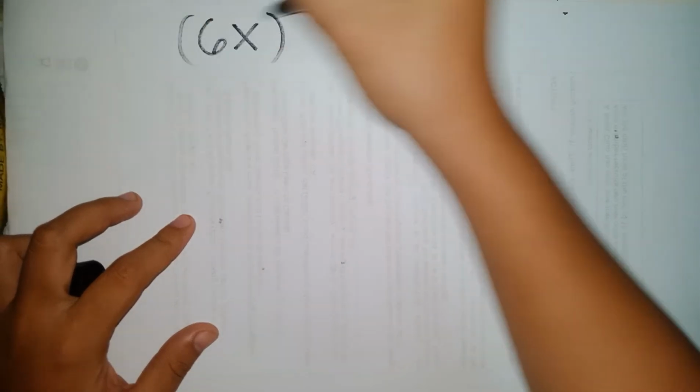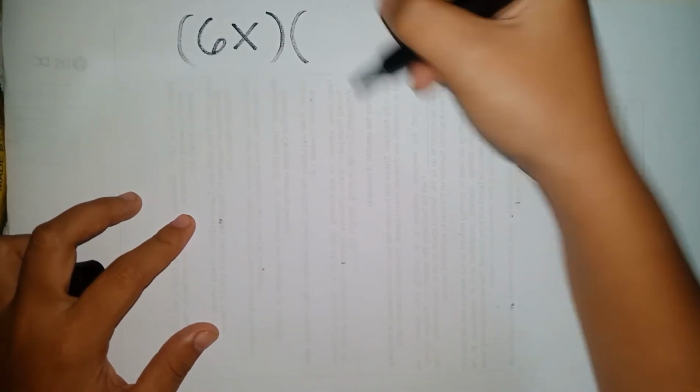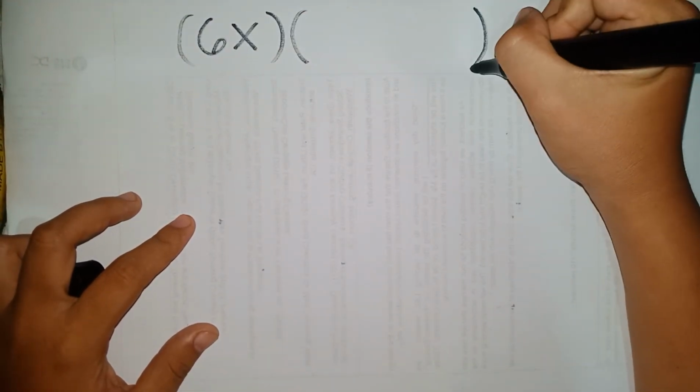And let's determine the other factor by dividing each term in 6x squared plus 24x by the GCMF. So GCMF times the other factor.